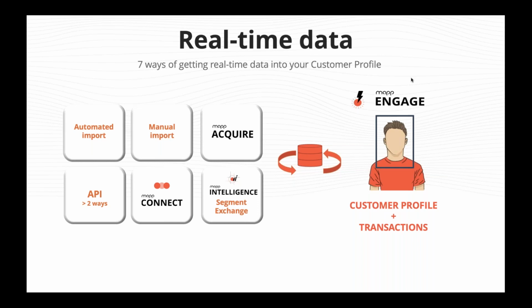Anything from automated imports, manual imports, various ways of doing APIs, even sending a message via API can update the transactional tables. We also have Mapp Connect that is able to reach out to Segment, Salesforce, Magento, or Zapier, whatever other system you might want to connect Mapp to.